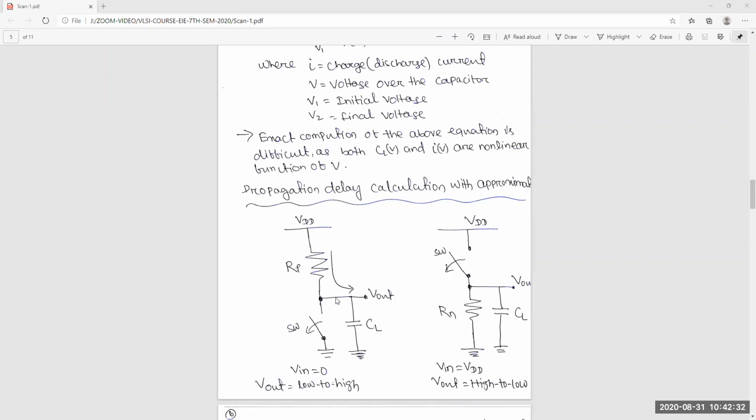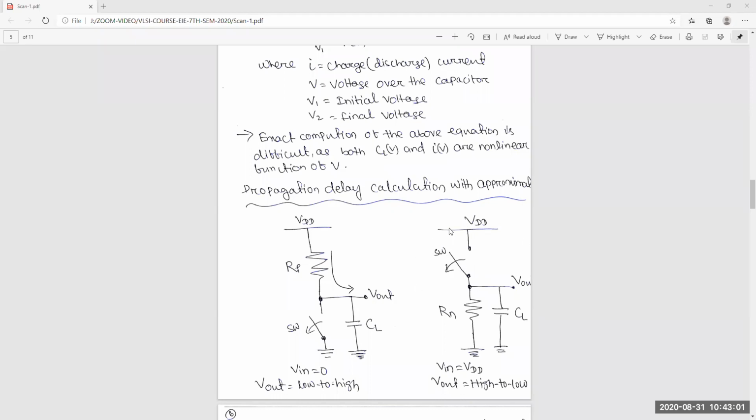And this is CL, the load capacitance. It is composed of the intrinsic, extrinsic and wiring capacitances, all added into this CL. And this is the RP. Similarly, when Vin is high, VDD, then VDD minus VDD is equal to 0, so there is 0 voltage at the input of the PMOS gate.